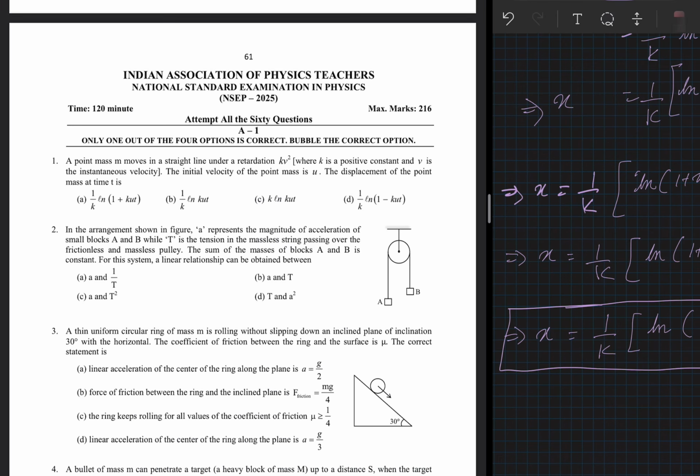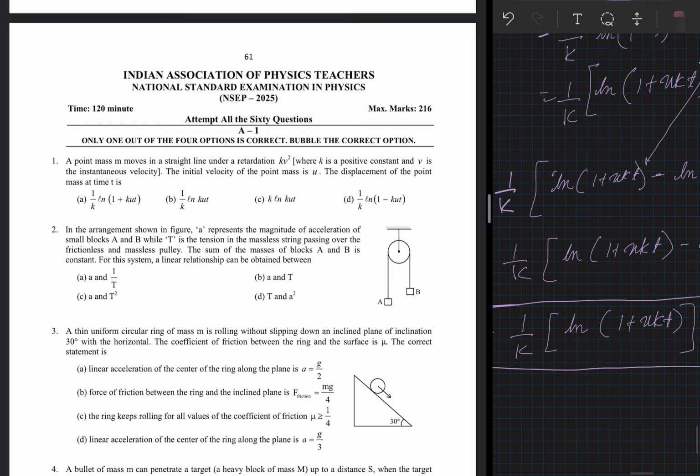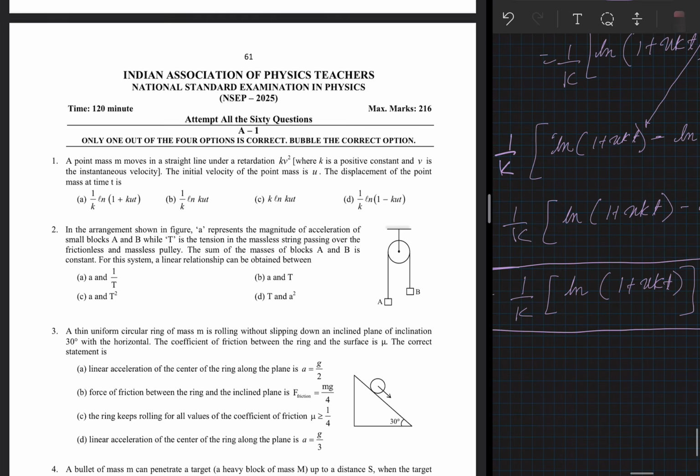Now let's look at the options. Which option has this? If you look at option 1, that's the one that has this. We have 1 by k log of 1 plus kut. This is nothing but the same thing. Ukt, kut, you multiply it in any order, the value will be the same.